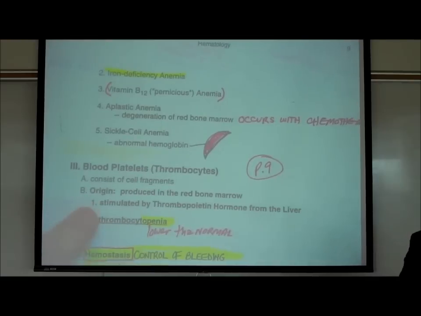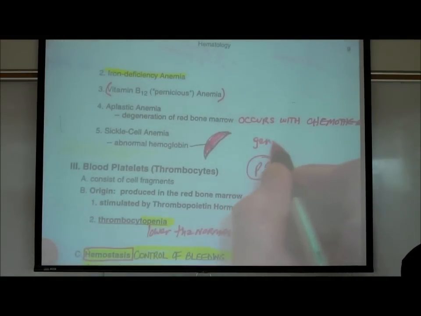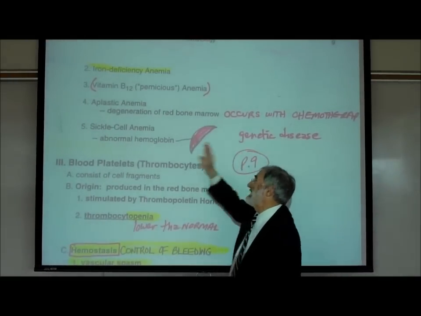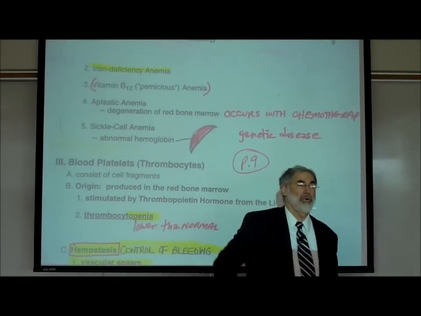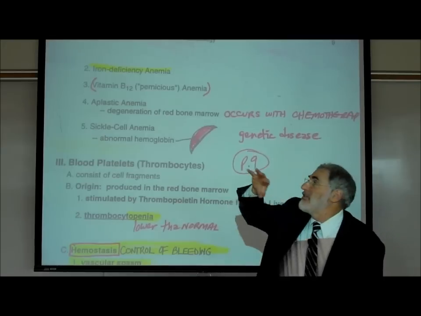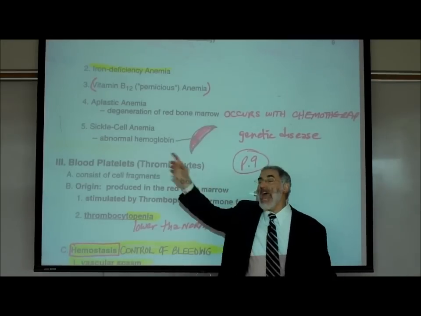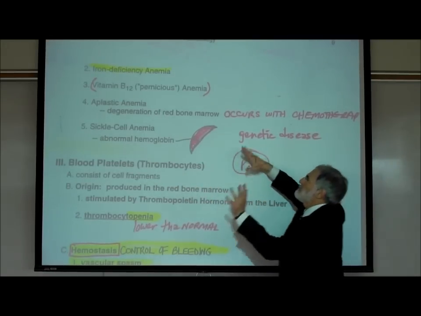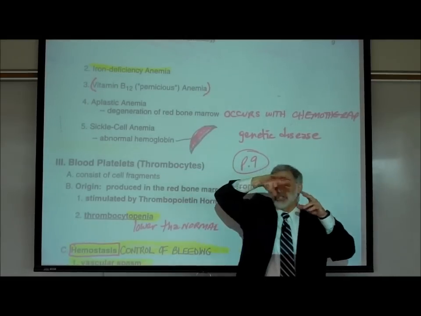Sickle cell anemia is a genetic disease. It's a genetic disorder. In sickle cell anemia, the person has a genetic inability to make normal hemoglobin. In other words, their red blood cells produce an abnormal form of hemoglobin. And in fact, the whole red blood cell is misshapen.